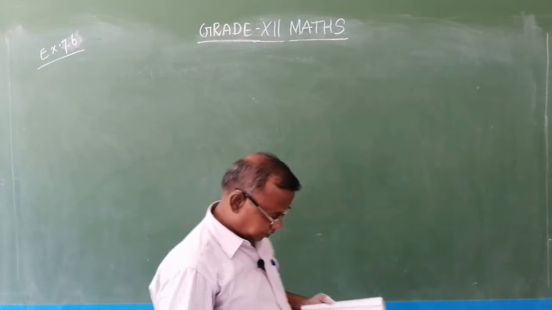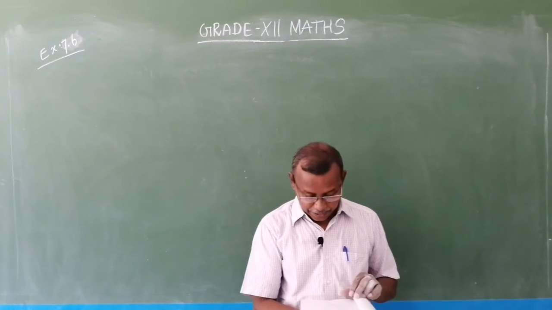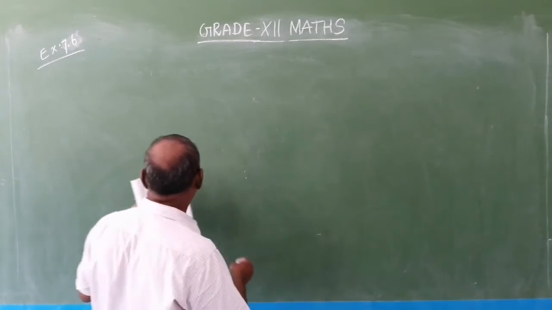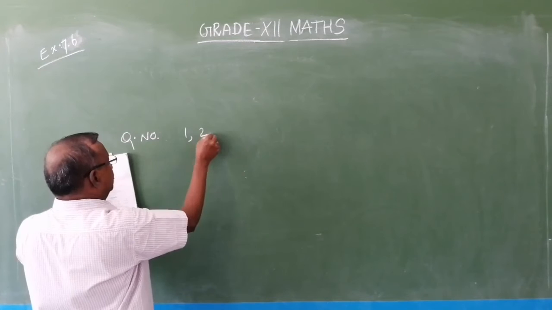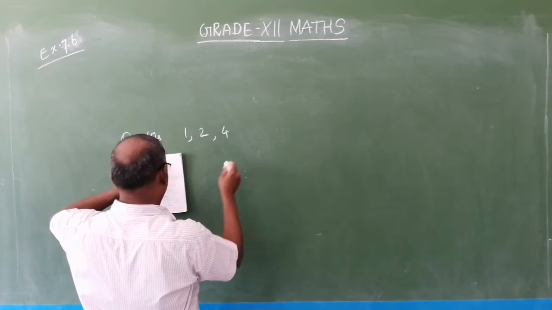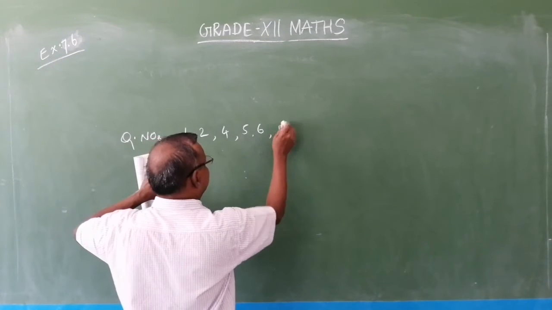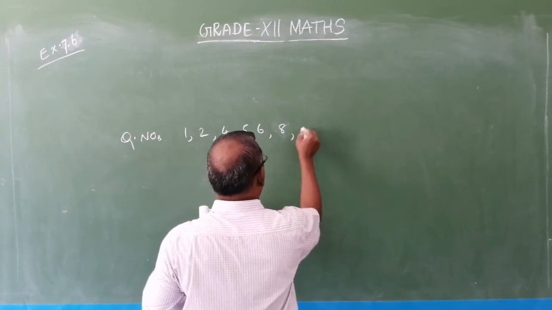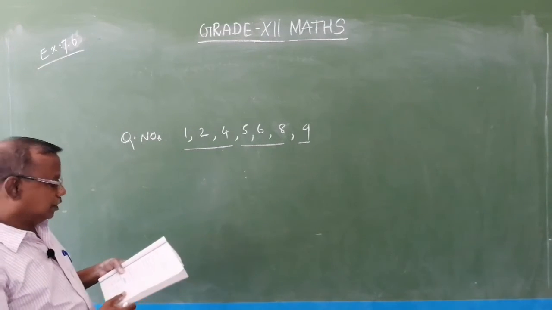Dear students, in the first phase, let us go to exercise 7.6. In the first phase, I give you some homework: question numbers 1, 2, 4, 5, 6, 8, 9, and also 3, 6, 7 I give you as homework.